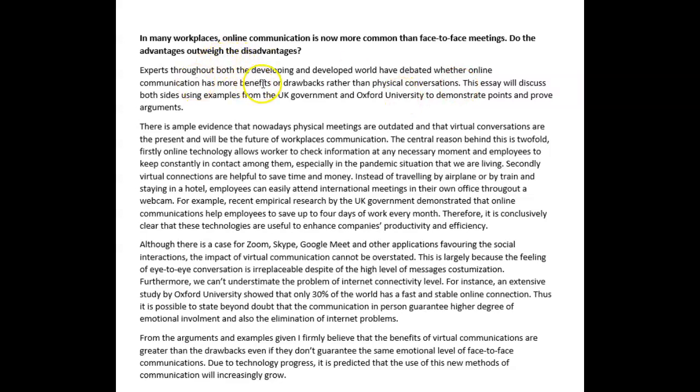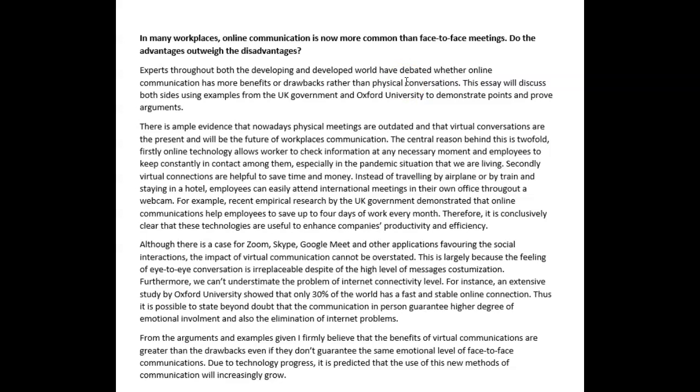You still have to fix the grammar here. It's not entirely accurate. So let's try it one more time. Have debated whether online communication has more benefits or drawbacks compared to in-person conversations. We don't really call them physical conversations, so in-person conversations. All right, so just cleaning that up a little bit, making it more accurate.